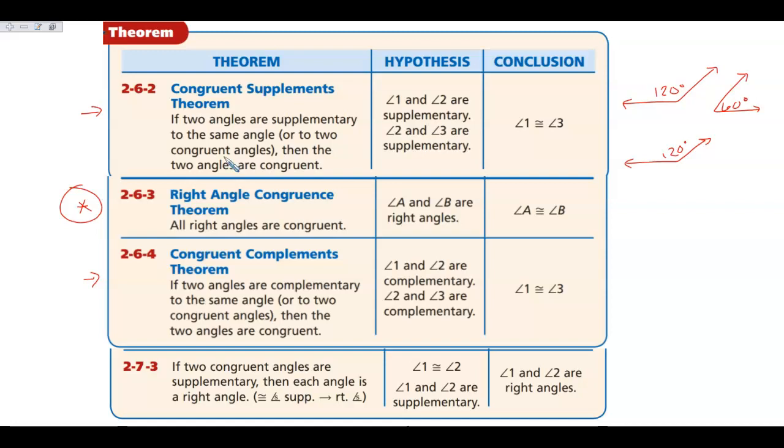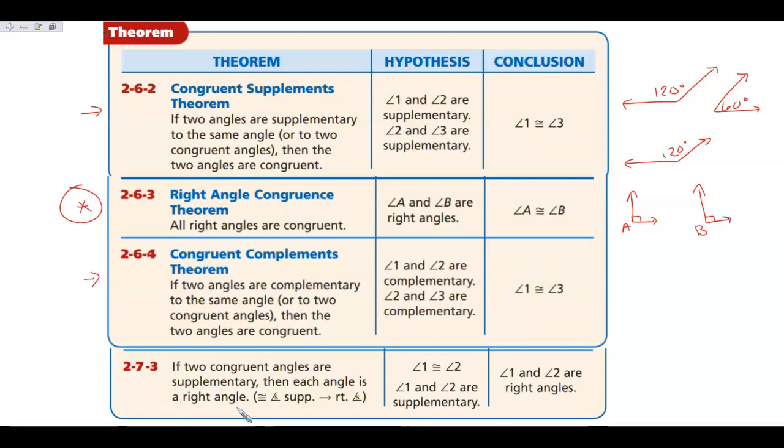So I can write all right angles are congruent when I'm using it as a reason, or I can write right angle congruence theorem, whichever you want. It basically just saves us a step. So if this angle is A and this is a right angle B, these are congruent.